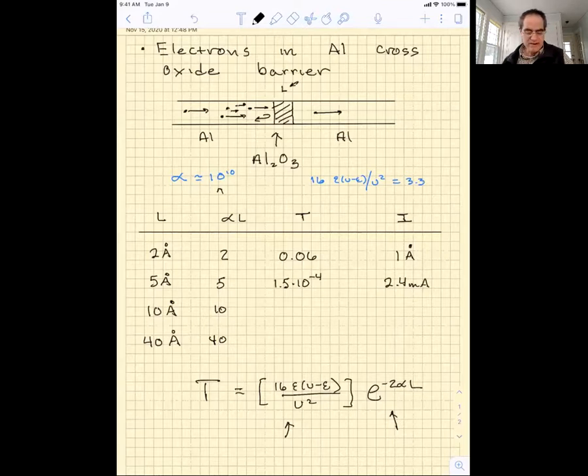For a 10 angstrom barrier, the transmission is much smaller. And the reason is because of this exponential factor here, okay? e to the minus 2 alpha L is e to the minus 20, which is about 2 times 10 to the minus 9. And so multiplying by the other factor, we get 7 times 10 to the minus 9, okay?